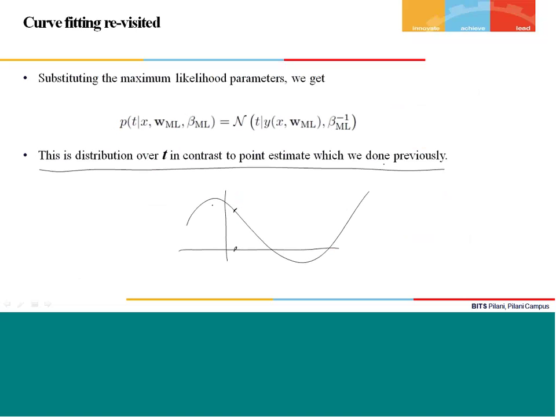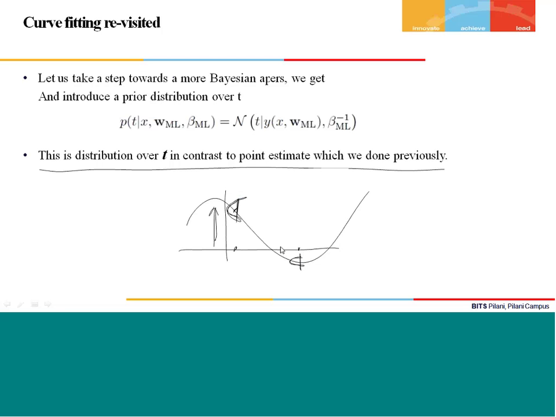But now, because you are considering the normal distribution, it gives you a probability rather than a specific term. So you want to maximize this probability for that particular x. Whatever x you take, you want to return that t that has the maximum probability. So this is the difference there.